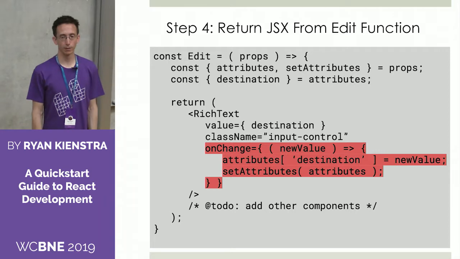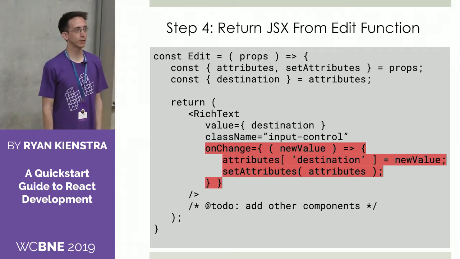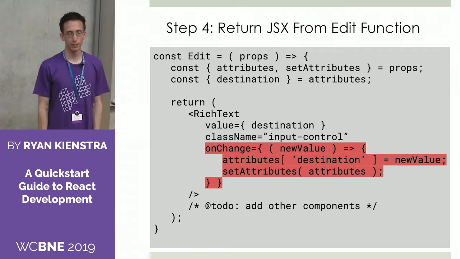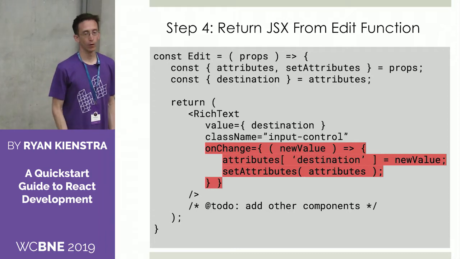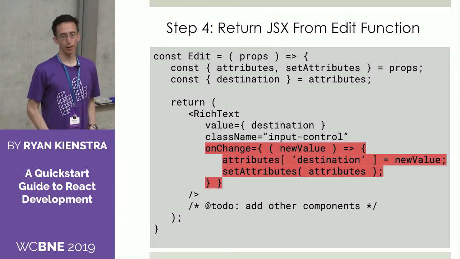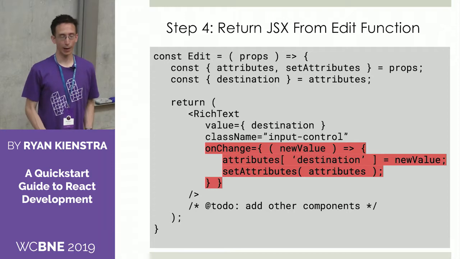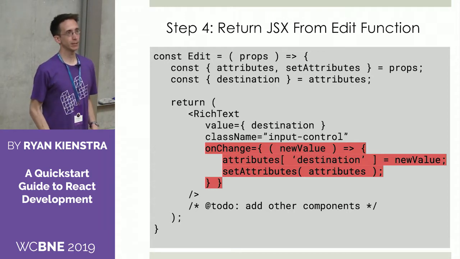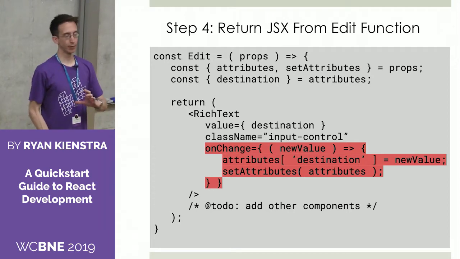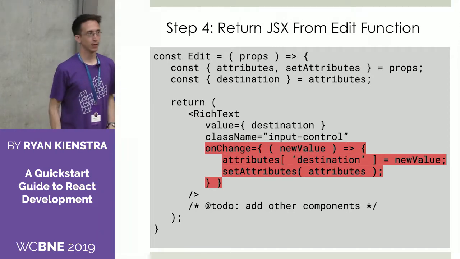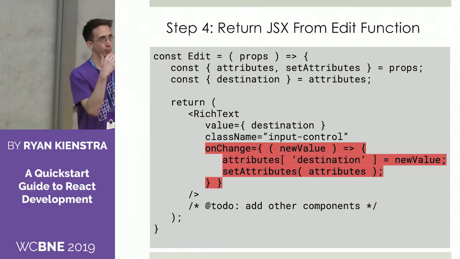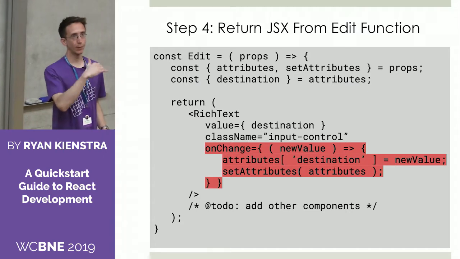Next, we'll return the JSX from edit. Just like we looked at before, this is the important part. We're going to return that rich text component. Of course, there's more work to do at the bottom. But you'll see the handler, just like we looked at before, onChange. It's a pretty common convention when we have properties to have them camel case.